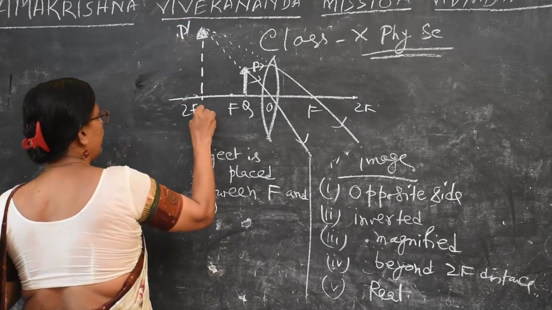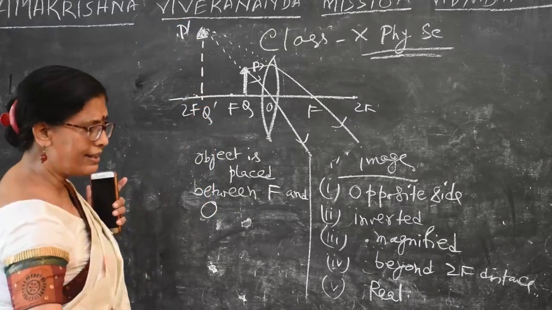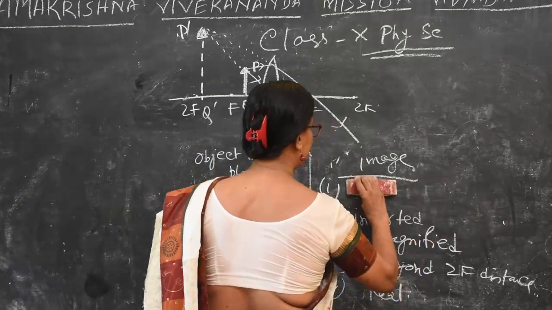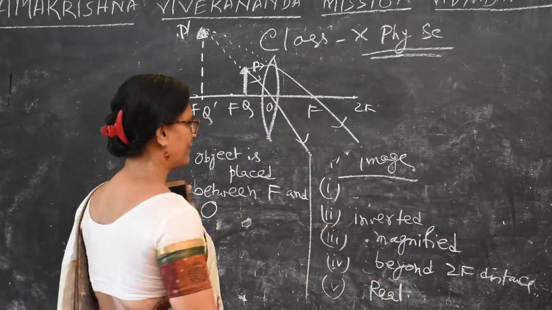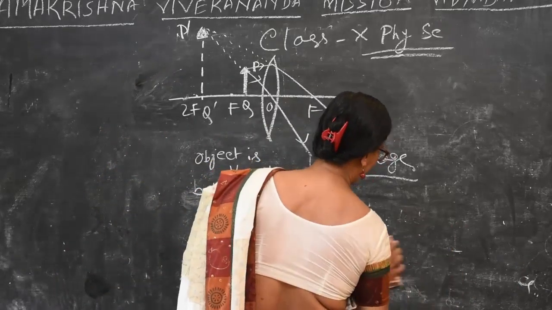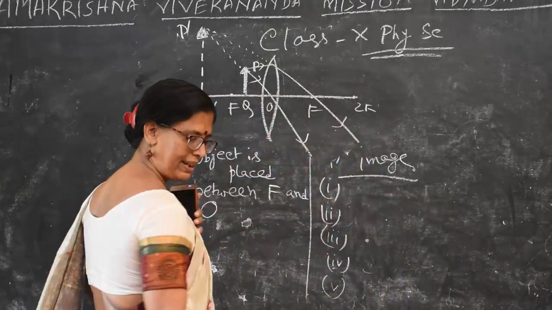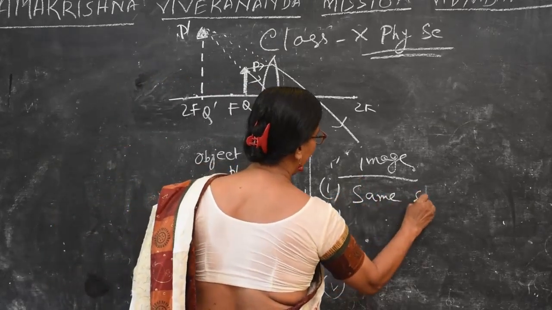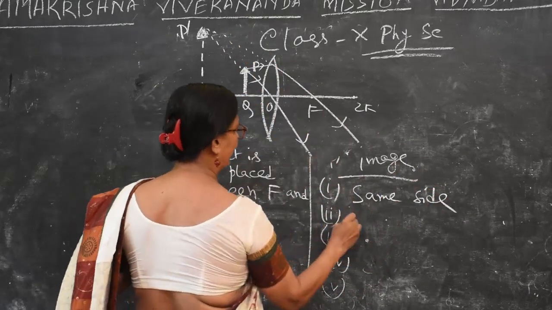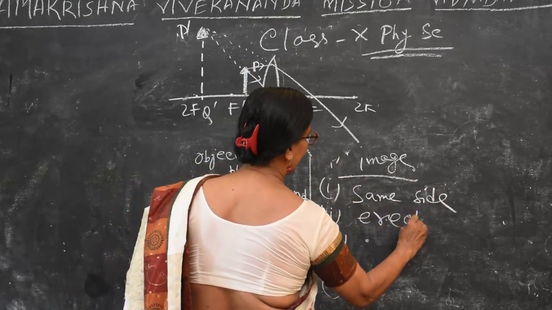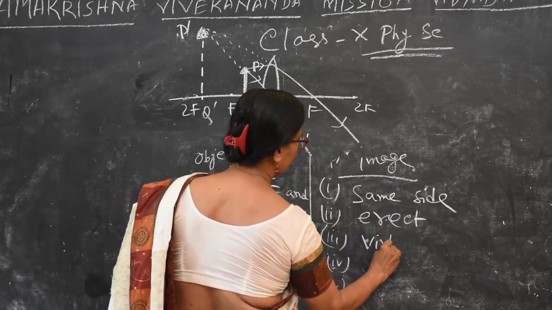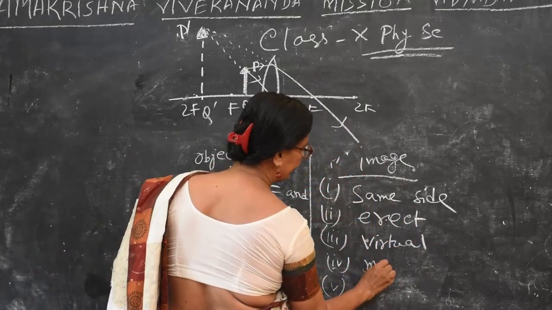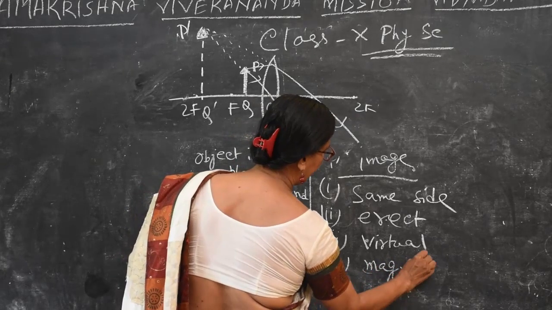It is P dash, it is Q dash. So it is not on the opposite side, it is on the same side. The image is erect, virtual, and magnified.